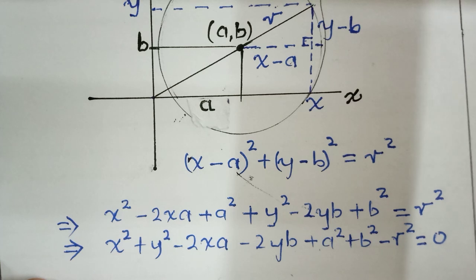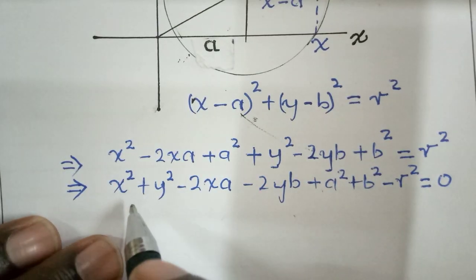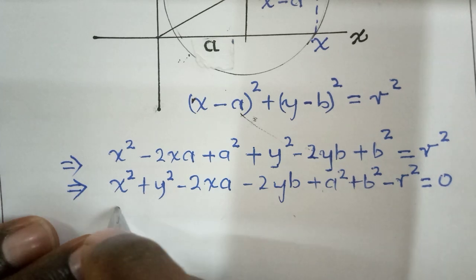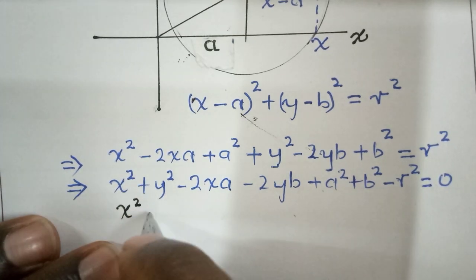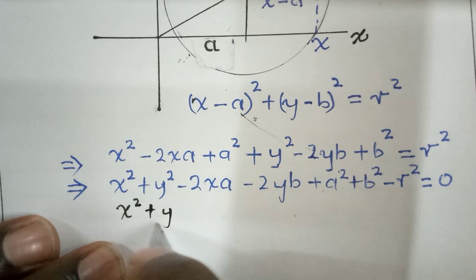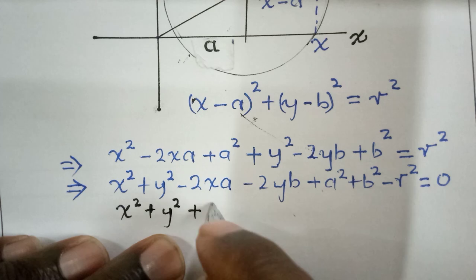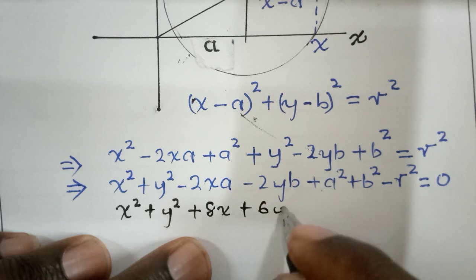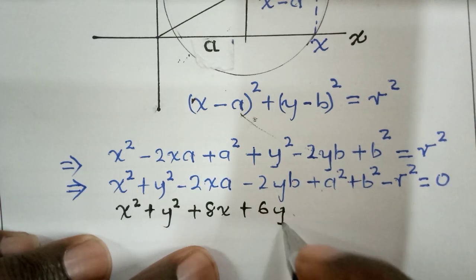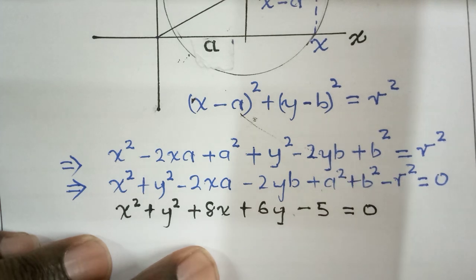Now writing our equation. The equation we were given is x squared plus y squared plus 8x plus 6y minus 5 equals 0.